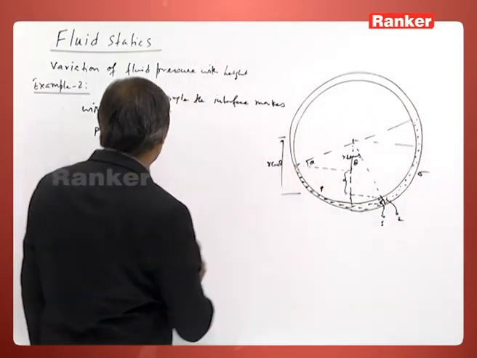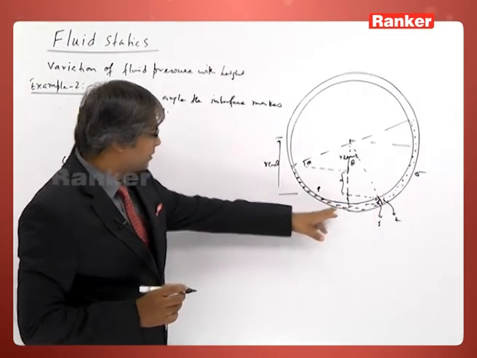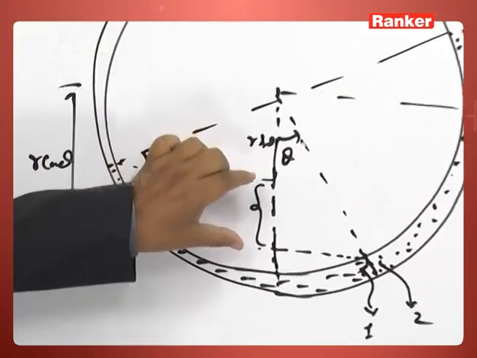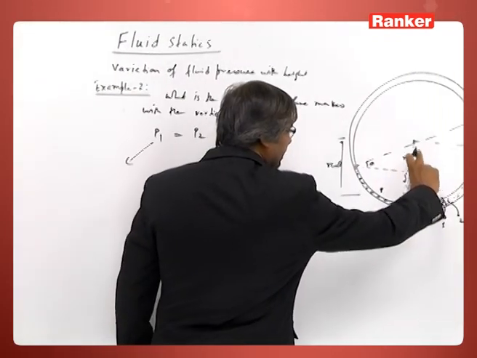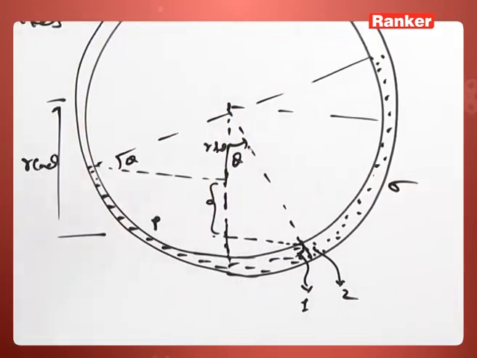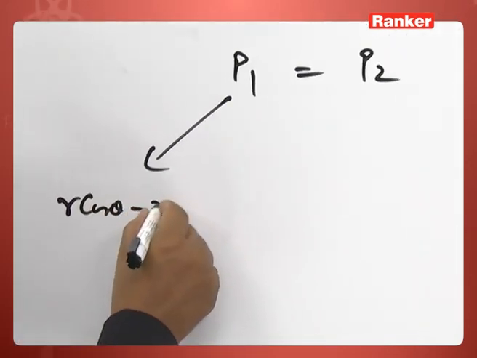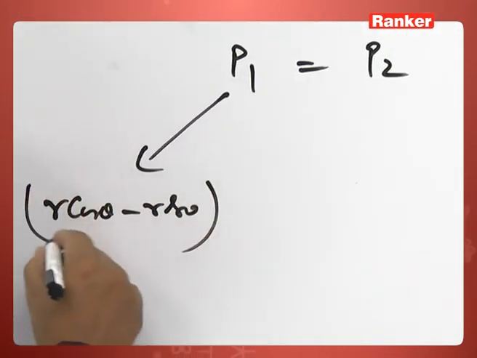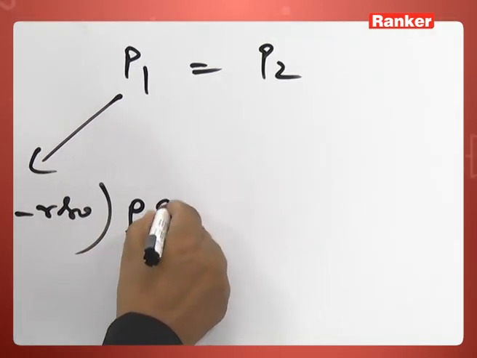Now let us talk about P1, the pressure at one side. The pressure at one side has this height, which is total r cos theta minus r sin theta, times density rho g.